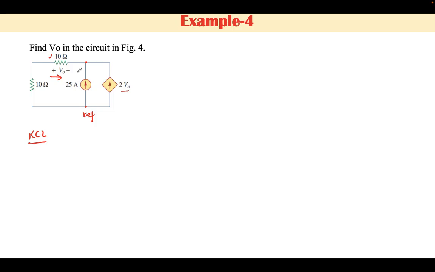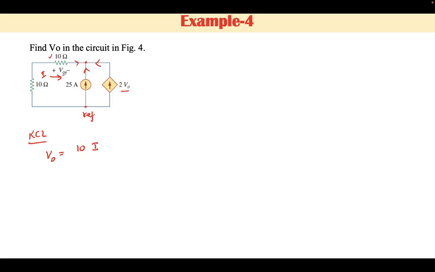According to KCL, this current is upward, this current is in this direction, and this current is coming in this direction. The voltage drop across this resistance is V naught, which is equal to 10 into I. Let's consider the current in this path is I, which is equal to the sum of these two currents.